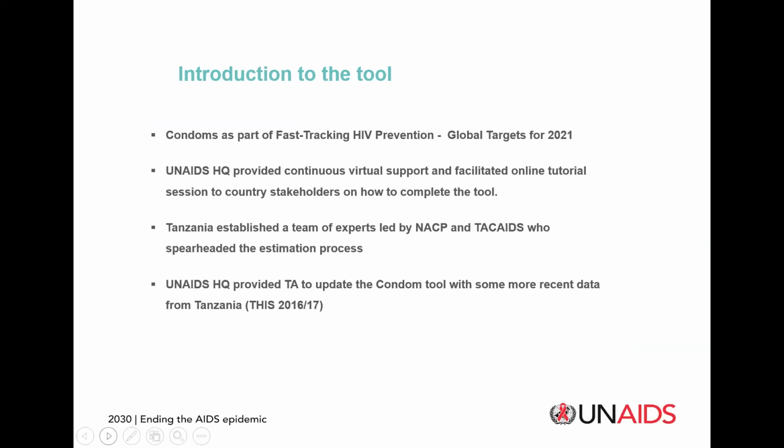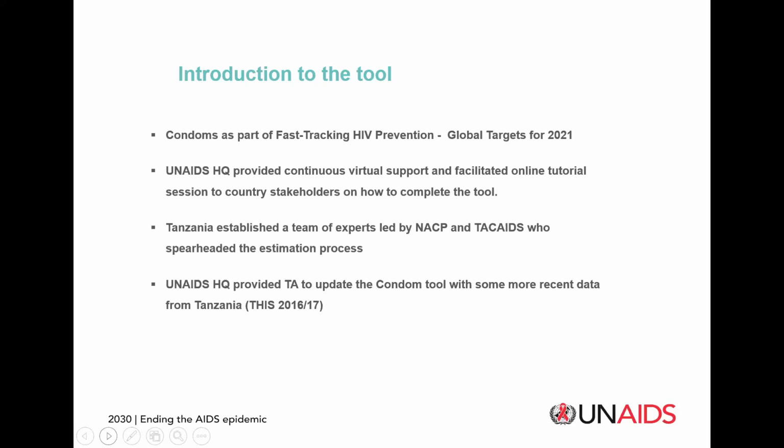So to start with, Tanzania first got exposure to the tool way back in 2008 in one of the meetings in Johannesburg where the tool was introduced. A few colleagues were there, UNFPA and some colleagues from the government. And then the actual use of the tool happened last year when we were developing the Global Fund concept note. Previously, Tanzania used to conduct the quantification exercises for reproductive health commodities, including condom for HIV.